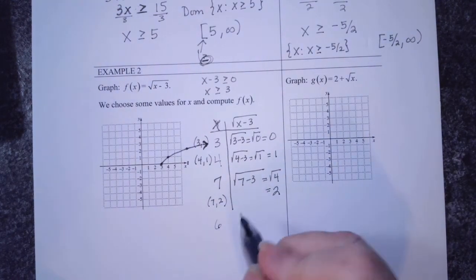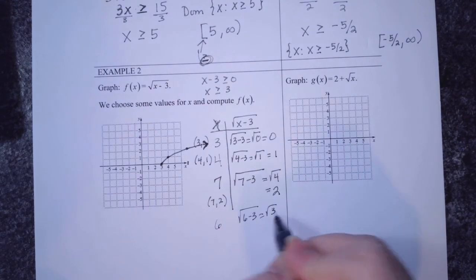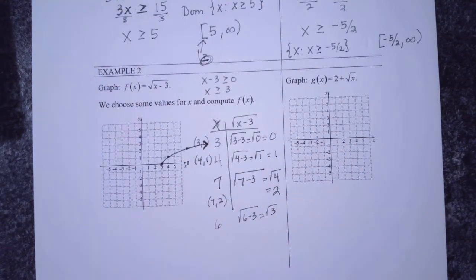If you chose 6, you would have the square root of 6 minus 3, which is the square root of 3. The problem is graphing that exactly is a little bit difficult because that's an irrational number. It's a non-repeating decimal. So I tried to pick a number where I would have a perfect square left underneath the radical, is all. Any questions about that graph?